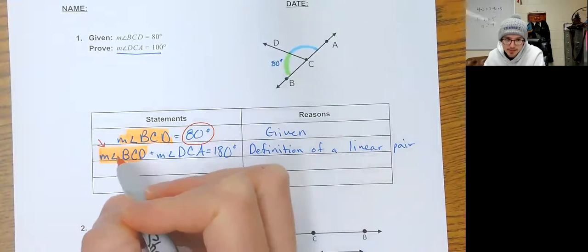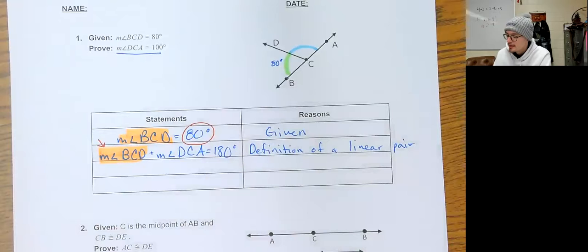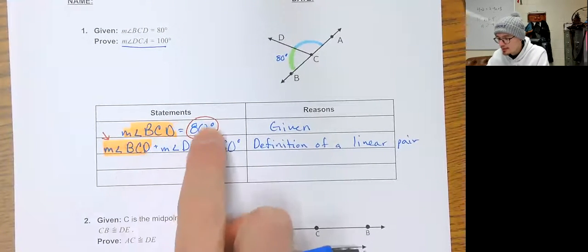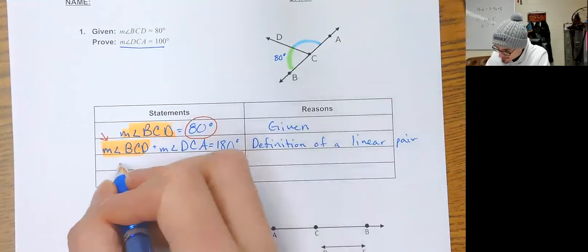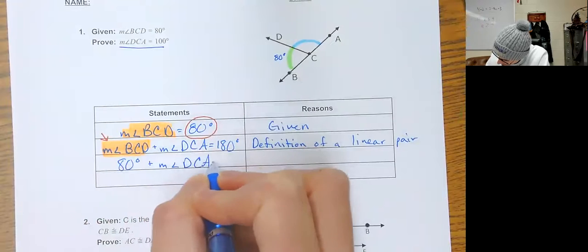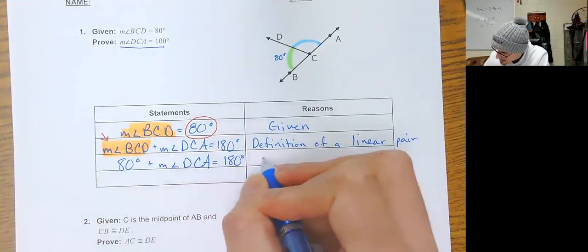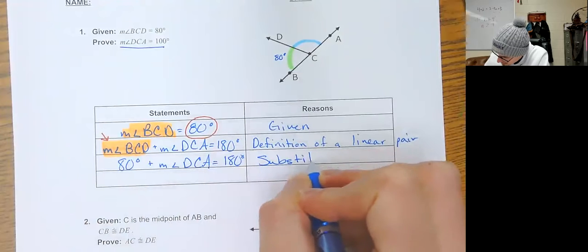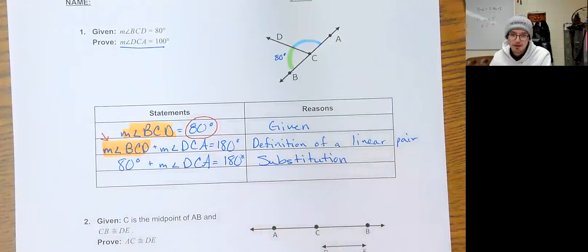Is it okay for me to replace this measure of angle BCD with 80 degrees? Yes. Substitution means you're allowed to plug in, replace, substitute a known thing, in this case, an angle measure, for something it is equivalent to. Well, this is equivalent to 80 degrees, so let's substitute in 80 degrees. Substitution. Okay, getting closer.